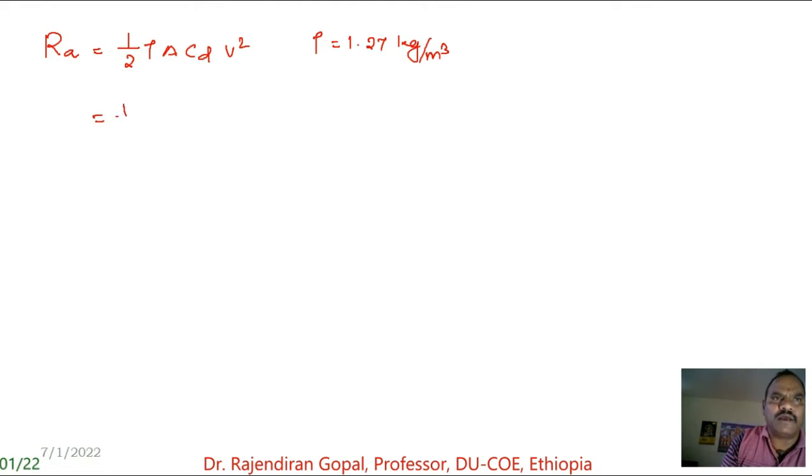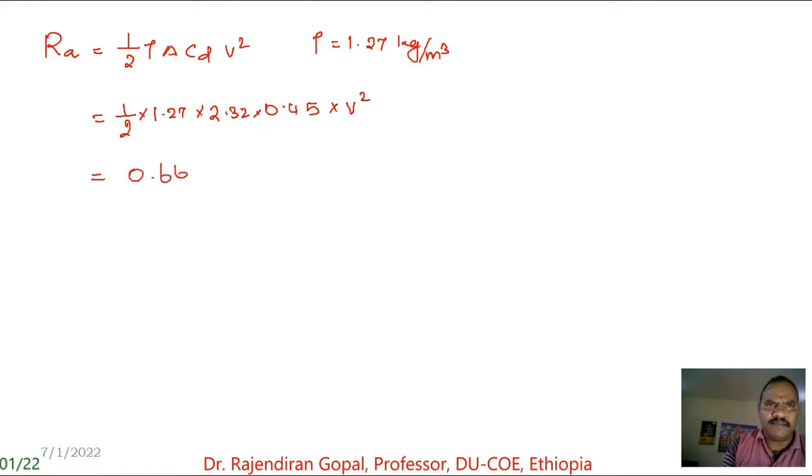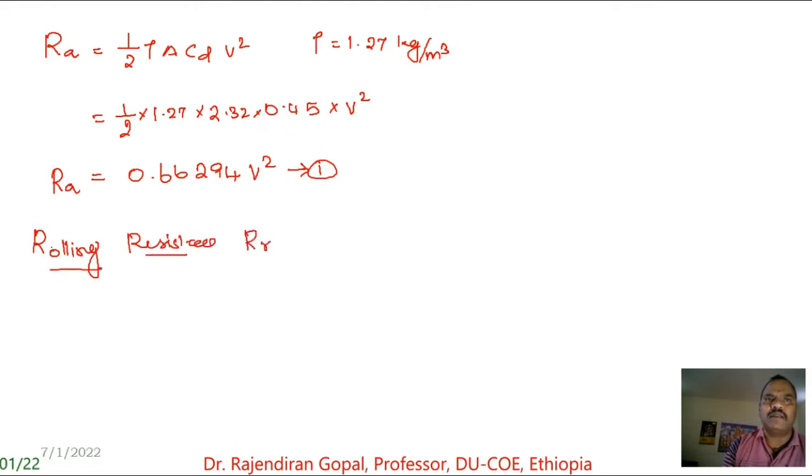That is equal to half into 1.27 multiplied by 2.32 multiplied by 0.45 multiplied by V square. While simplifying, we get RA equal to 0.66294 V square, equation 1. Then rolling resistance RR is equal to Fr multiplied by weight of the vehicle.